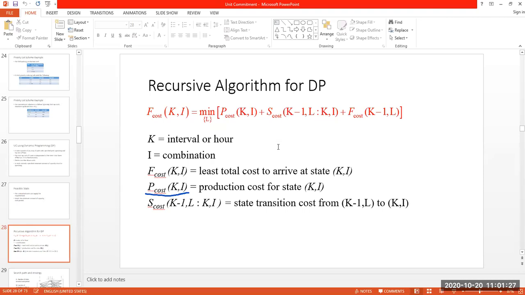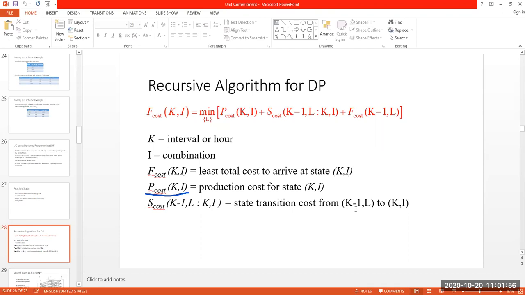Then we have the S cost. We were talking about the S cost, known as the state transition cost. Let's say in interval k minus 1, we were at this state L, and we were looking for the transition cost.